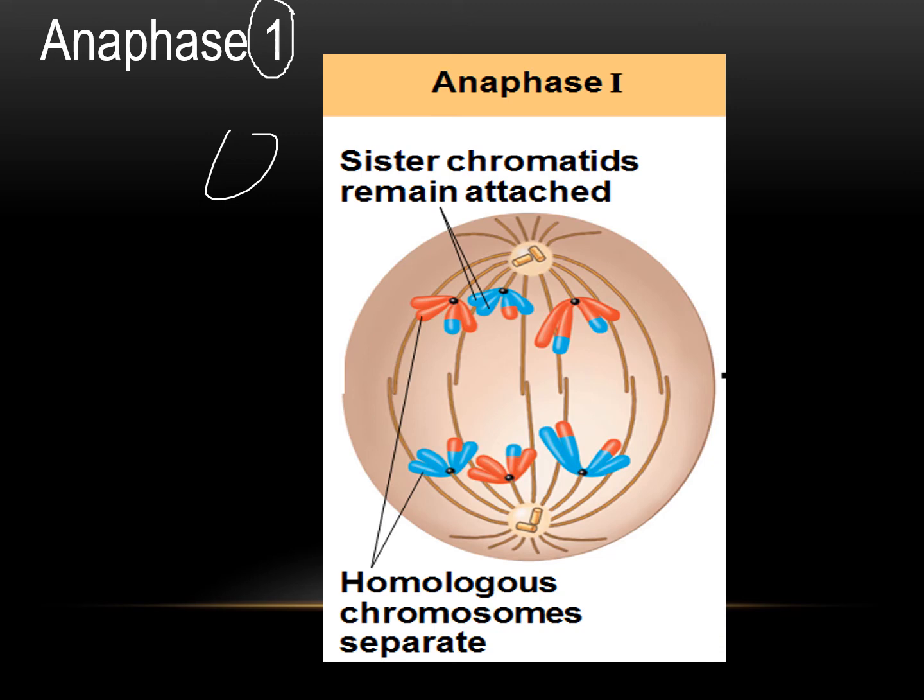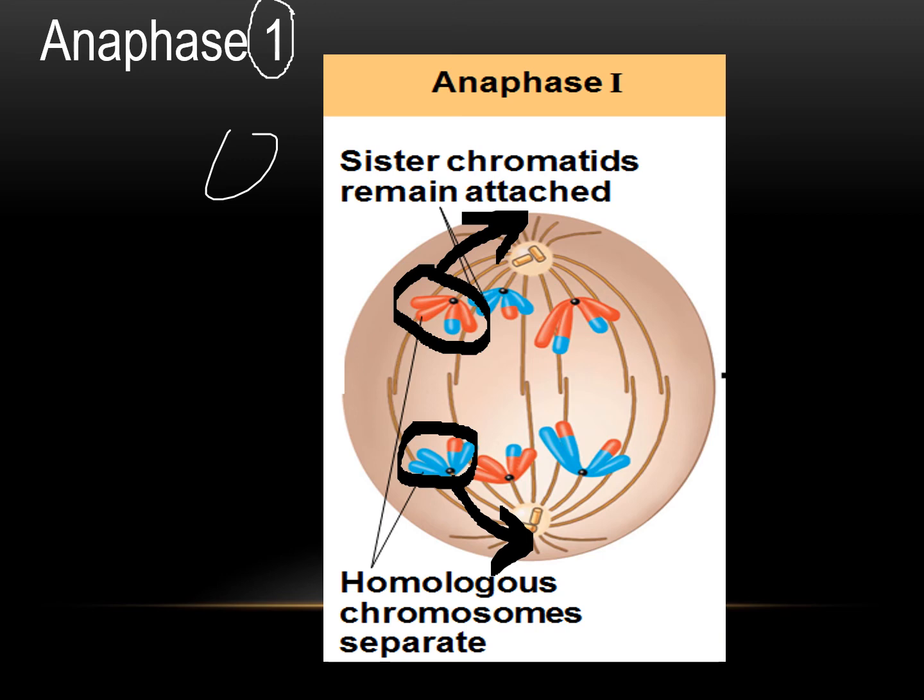So in this image, we can see a duplicated chromosome moving to this pole of the cell, and we can see this duplicated chromosome moving to this pole of the cell.